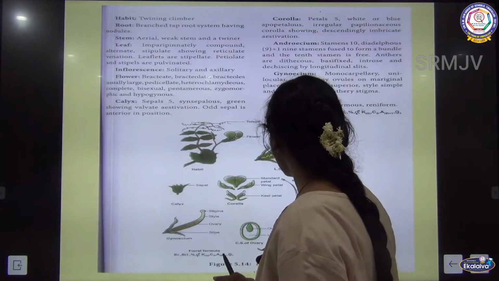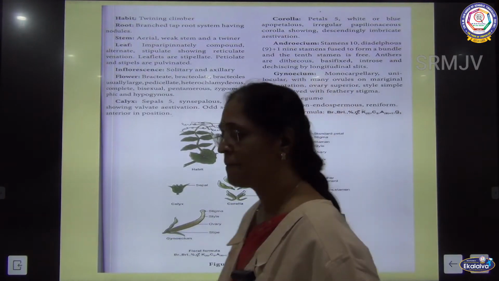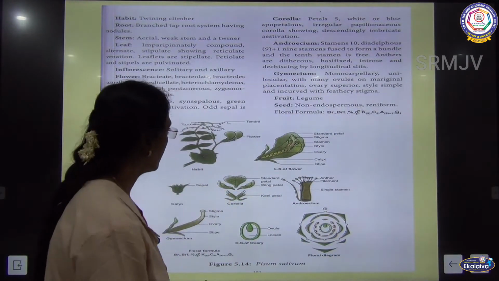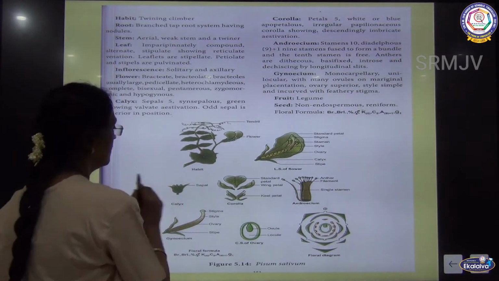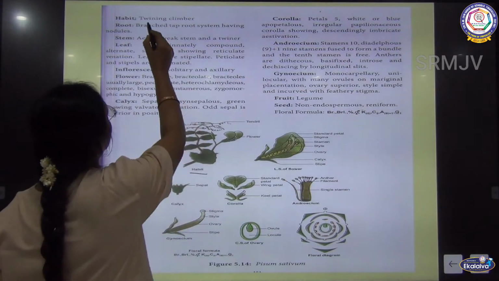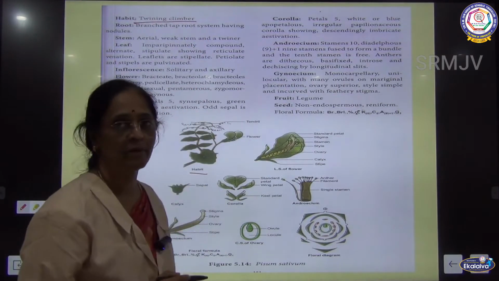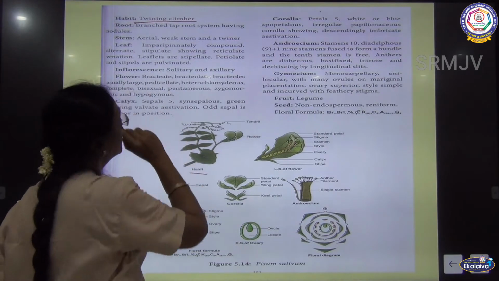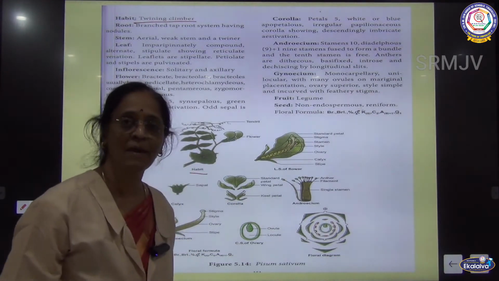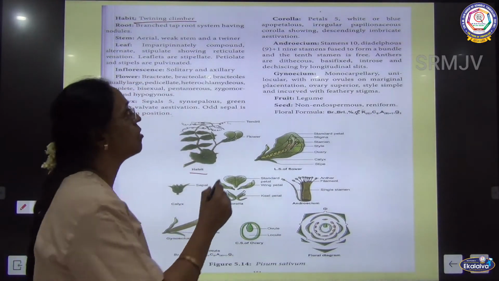Now we will see the next example. This is Pisum sativum. So here also you will find the habit. The habit, when you see, is what? A twining climber. It has a very soft stem. And then when it comes to the root, because it belongs to Fabaceae, the roots have root nodules.